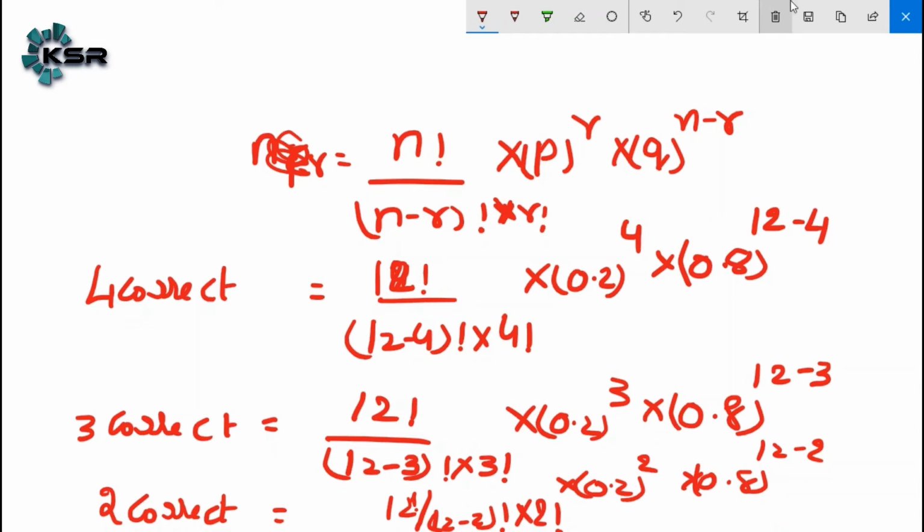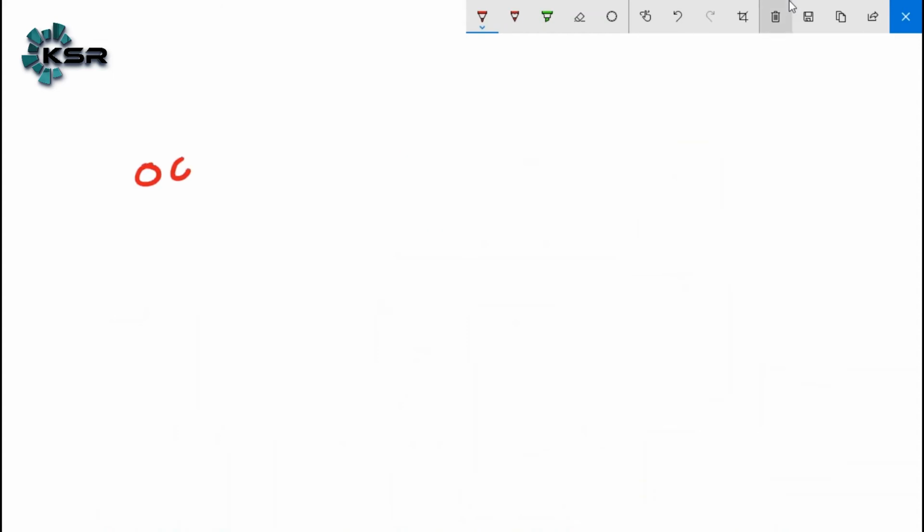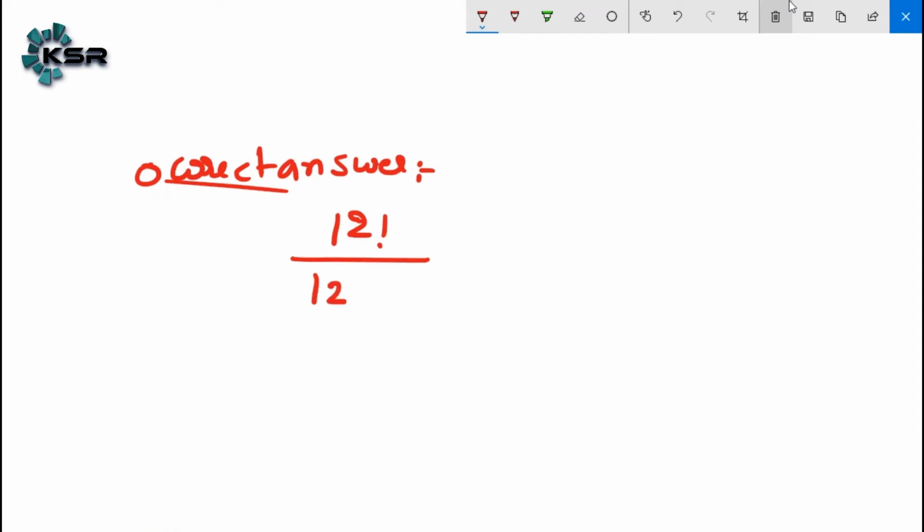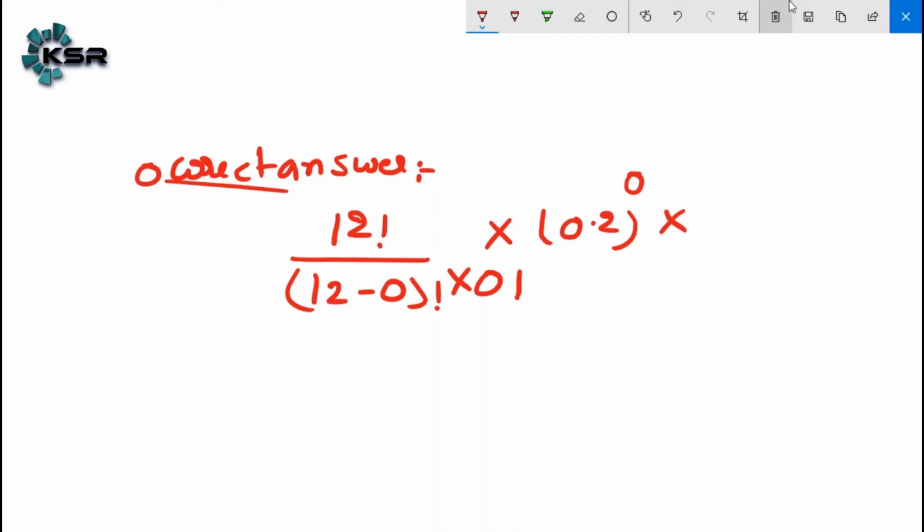Let me see how we do it. For 0 correct answers, let me write it down. n factorial is 12 factorial divided by 12 minus 0 factorial into 0 factorial into p, that is 0.2 to the power of 0, into 0.8 to the power of 12 minus 0, which is 12. 0 factorial is nothing but 1, not 0. As per mathematics, 0 factorial is nothing but 1.